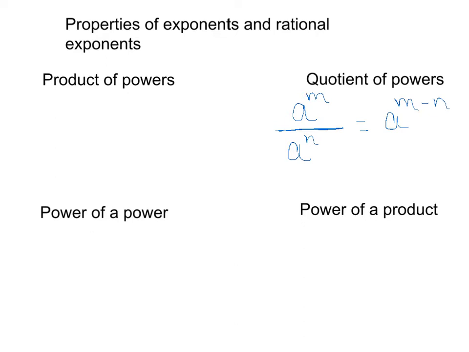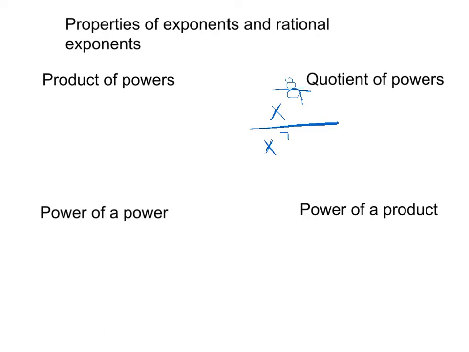So, for example, if we have x to the power of 8 ninths over x to the power of 7 ninths, that would equal x to the power of 1/9.